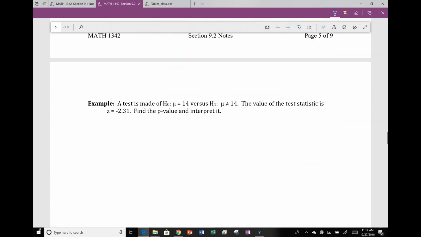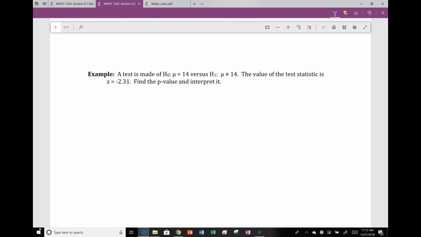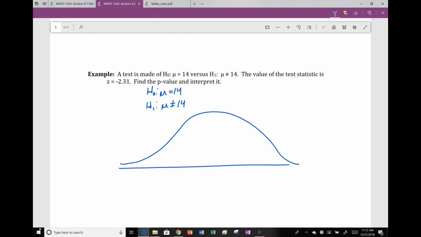Let's look at what happens whenever it's a two-tailed test. So in this case, our null hypothesis, mu is equal to 14, and our alternative hypothesis, mu is not equal to 14. So if we think about this, here's my drawing. Not equal to means that we shade both sides.